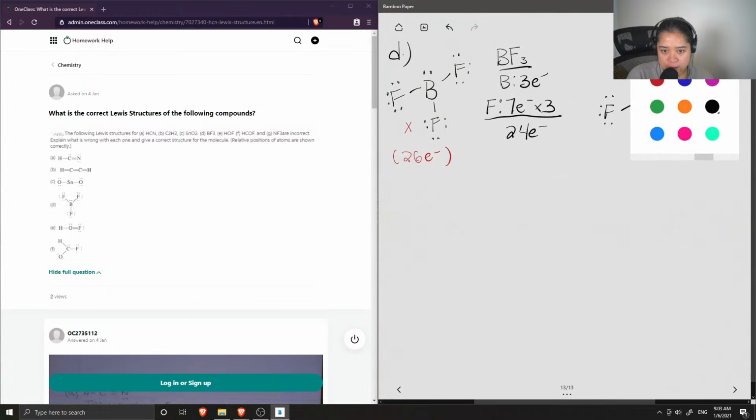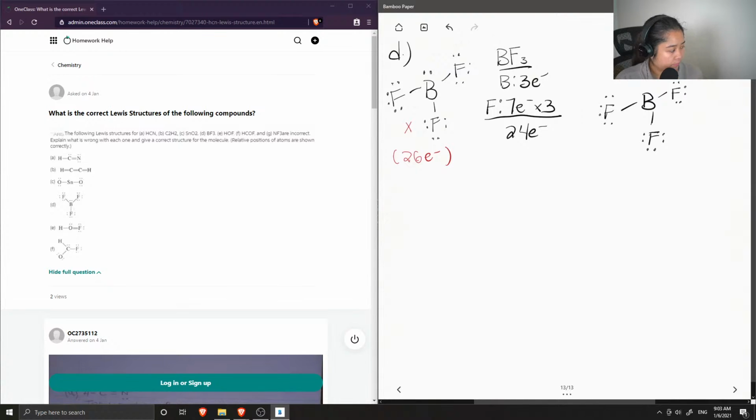So I'll write that down: boron is an exception to the octet rule. And now if we count out our electrons, we should have 24 in this new structure.